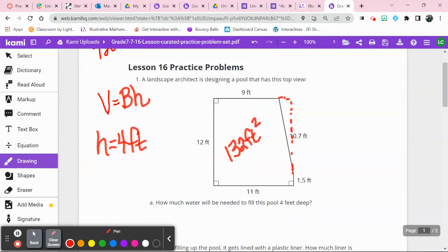If that's 9 and that's 11, there's 2 here. If that's 12 and that's 1.5, I take off the 1.5, and this leaves me 10.5. Area of a triangle is base times height divided by 2. 10.5 times 2 divided by 2, which really you're just going to end up with 10.5.